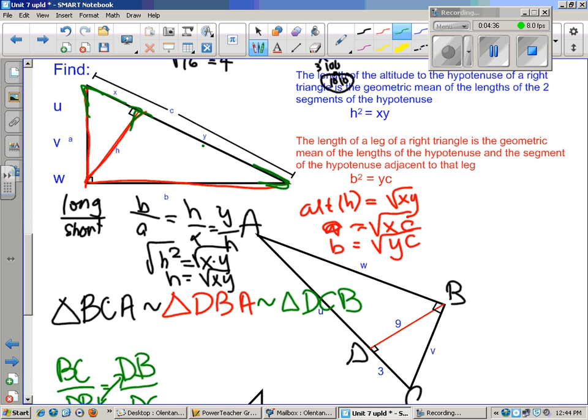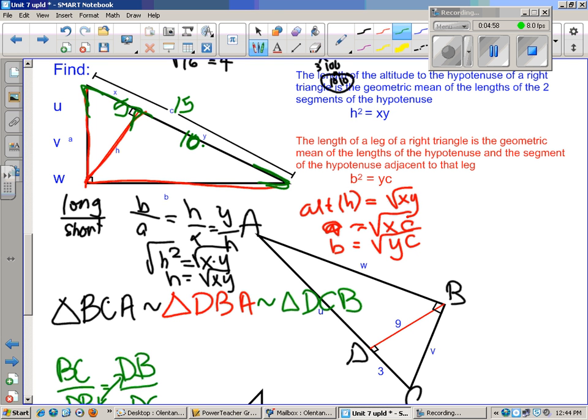All right? So let's put numbers to these. If X is 5 and Y is 10, what's C? 15, because you just add them together, X plus Y, right? Okay, so the length of A would be what?